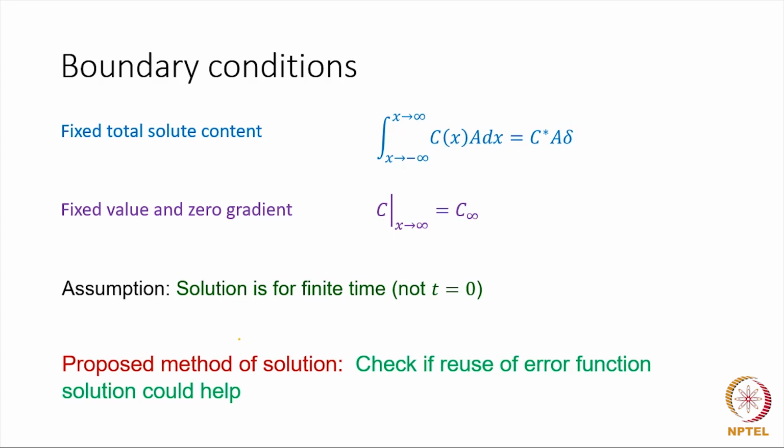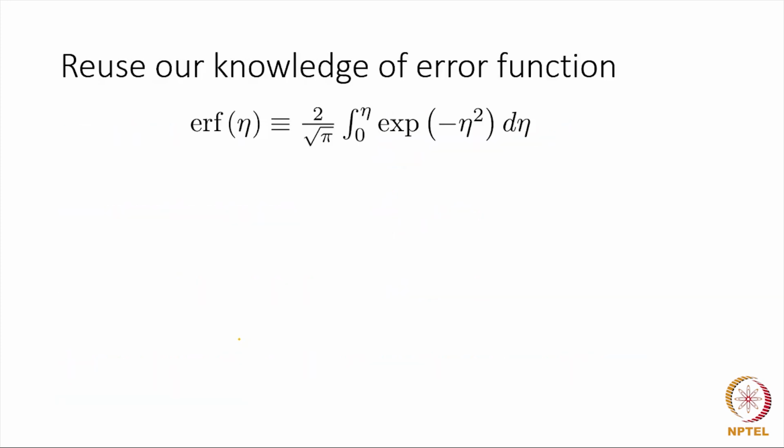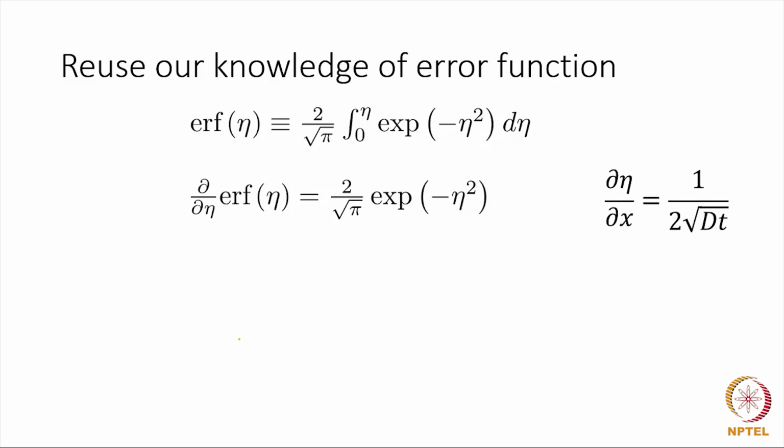So in the error function solution we do have an integration that goes from -infinity to +infinity, or from 0 to infinity, which is basically the value of error function at the argument value going to infinity. So can we use that for our solution? So let us look at the error function, and we see that when we differentiate, the function should look like this: 2 by root pi e raised to the power of minus eta square, and eta itself is 1 by 2 root dt.